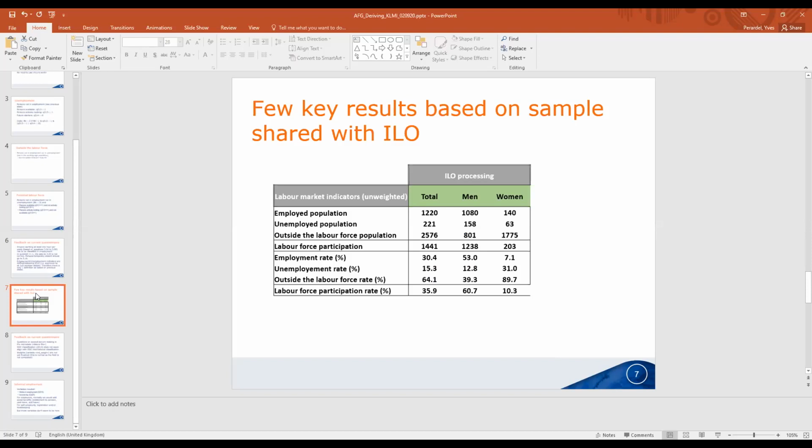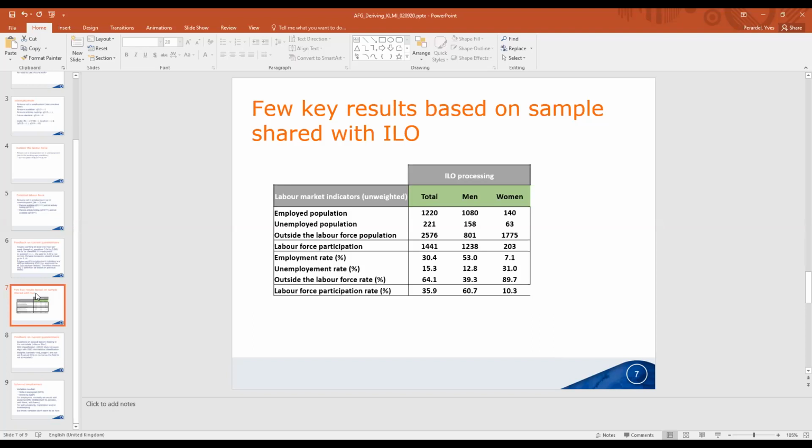Among the sample shared with us, we found 1,220 persons classified into employment, 221 into unemployment, and 2,576 into outside the labor force. The labor force is the sum of employed and unemployed, so it's 1,441. And these were the rates.